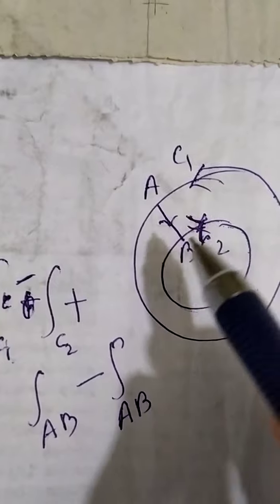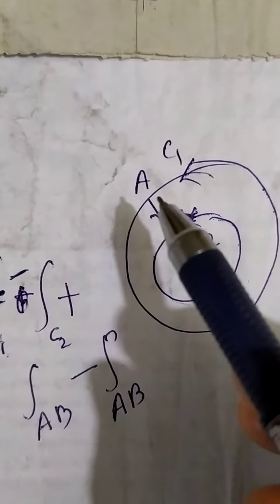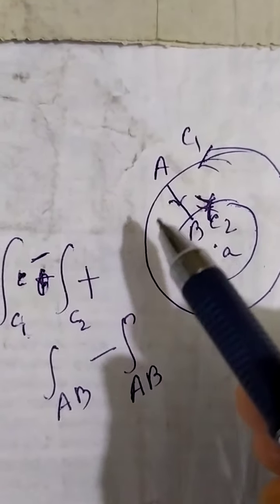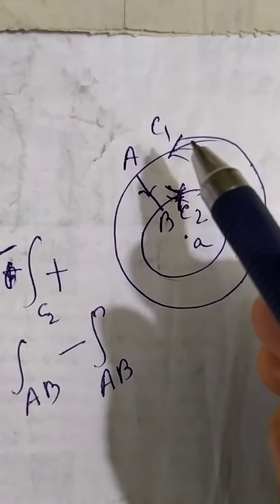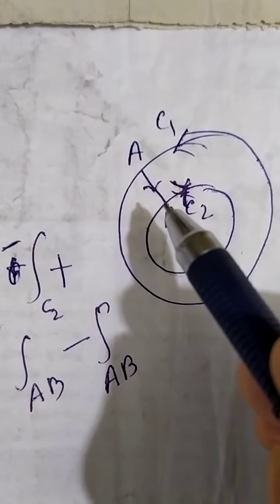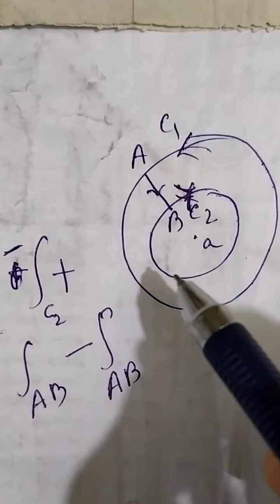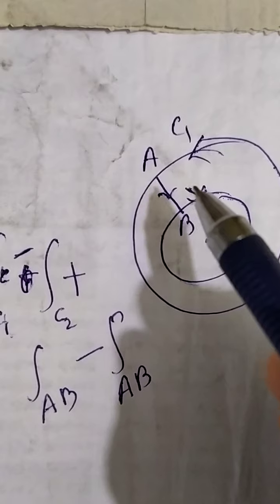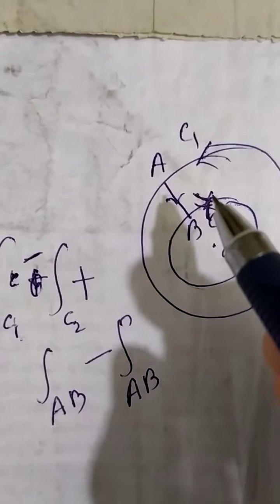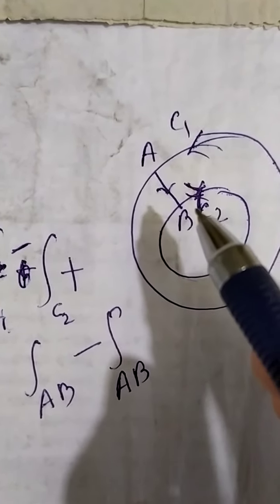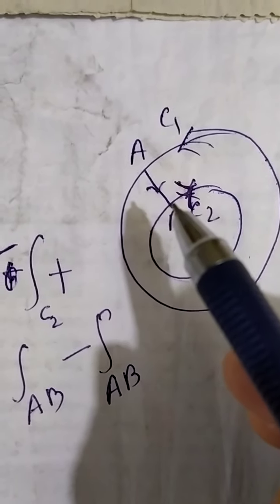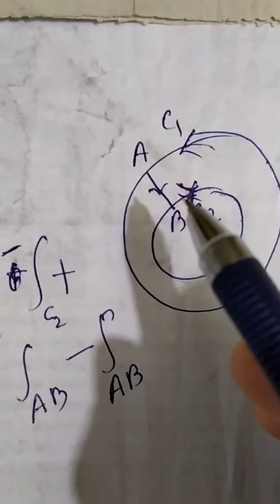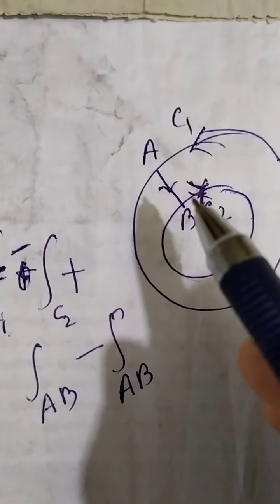We go along this straight line AB, then C1, then here, and this is C2. The direction of C2 is clockwise, but here you have to consider the anti-clockwise direction, so this must be minus C2.